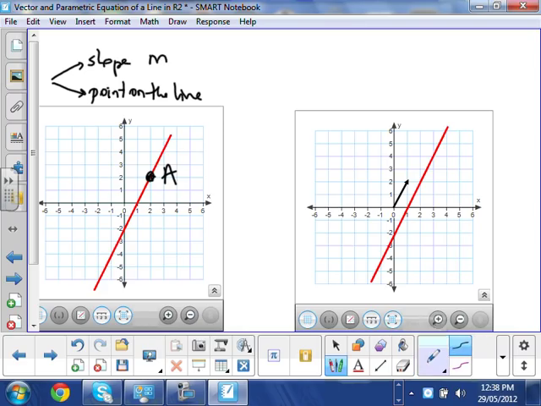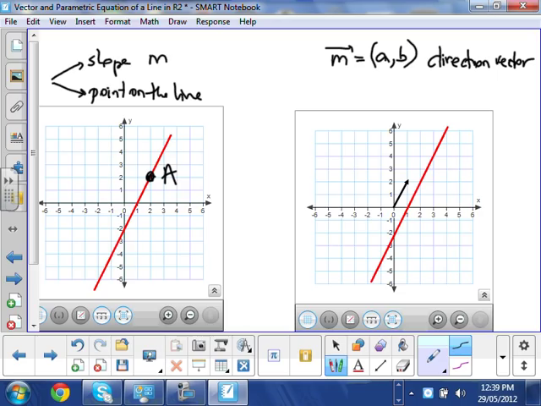I'm going to call this the black vector over here. The direction vector, written in components, will be a and b. So this vector gives me the direction. That's why I call it a direction vector. Now, that is the equivalent of the slope from grade 9.